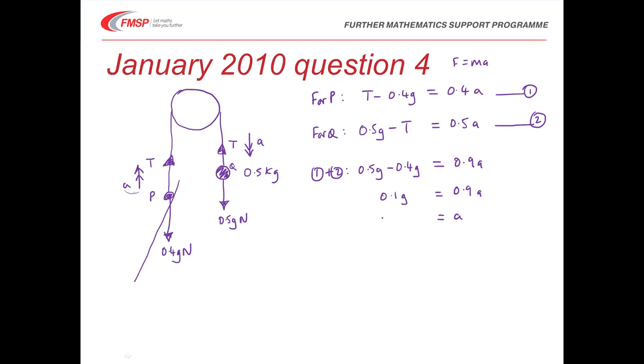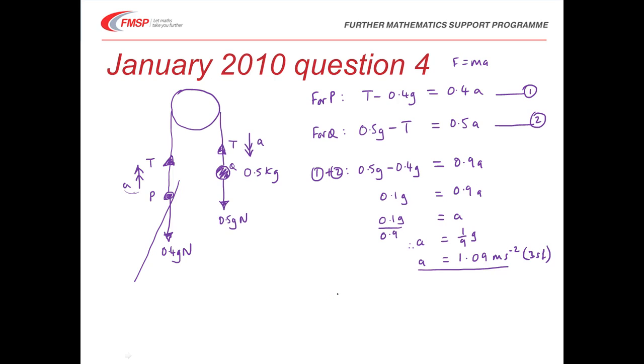So a is equal to 0.1 g divided by 0.9. Well, if I multiply through by 10, that's going to be g over 9. So therefore a equals 1/9 of g, and if you want a decimal version for that, it's 1.088, that would be 1.09 meters per second squared to 3 significant figures.